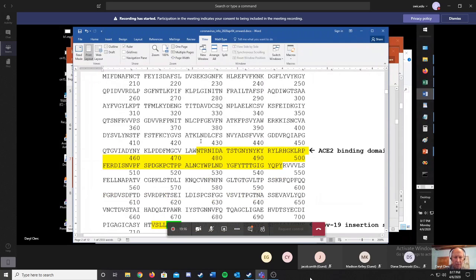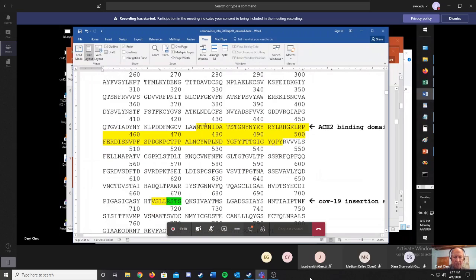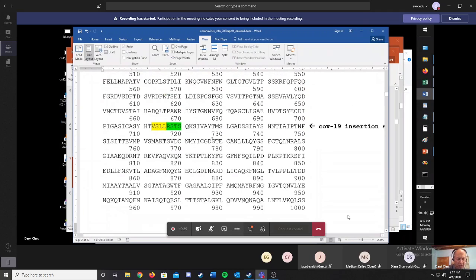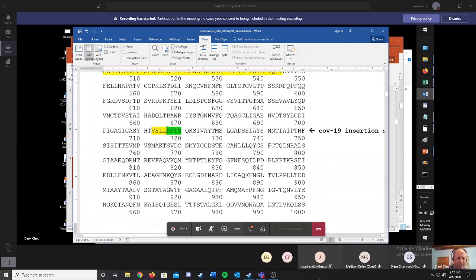The part of the molecule which attaches to the ACE2 receptor is highlighted in yellow here. And this part here is at residue number 716, right between the L and the R.